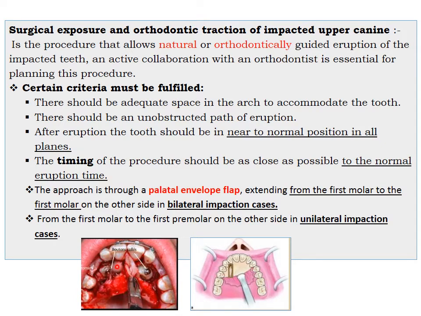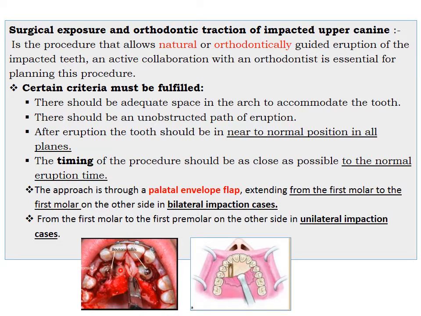To have optimal work, certain criteria must be fulfilled. There should be enough space in the arch to accommodate the tooth. Once you do the exposure, you must have space for the tooth. If you don't have such a space, you have to regain this space by orthodontic treatment.